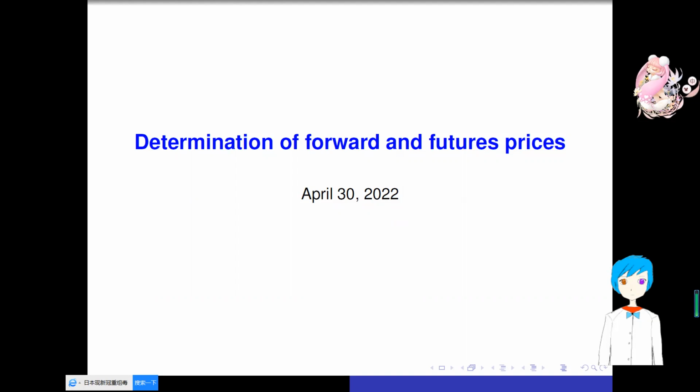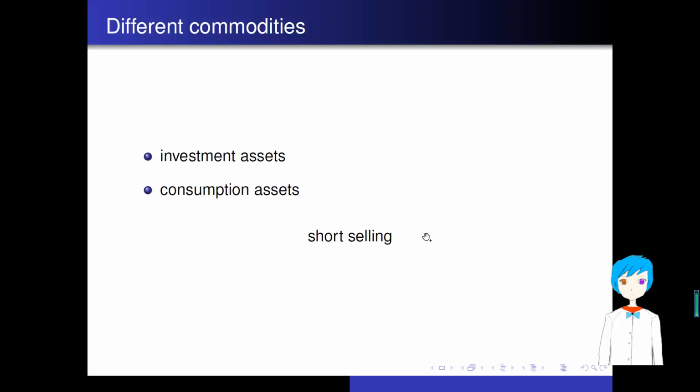And this week, we mainly talk about the determination of forward and futures prices. For forward contracts and futures contracts, there are two types of underlying commodities.